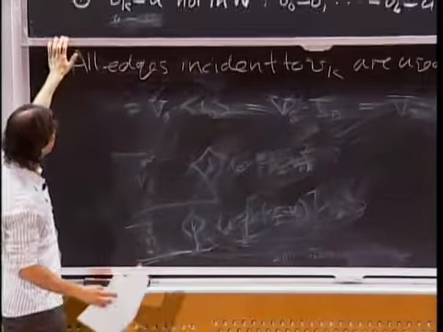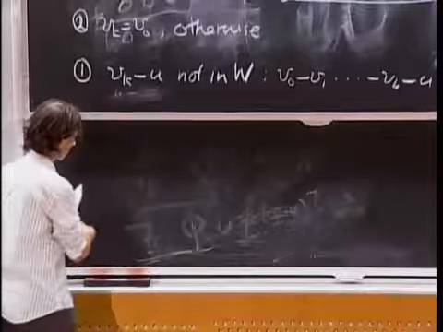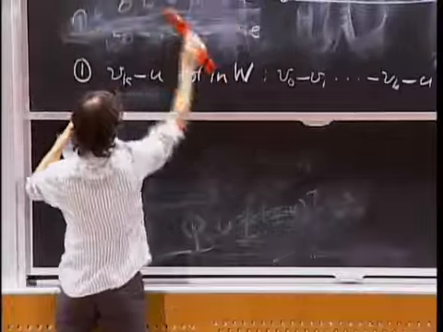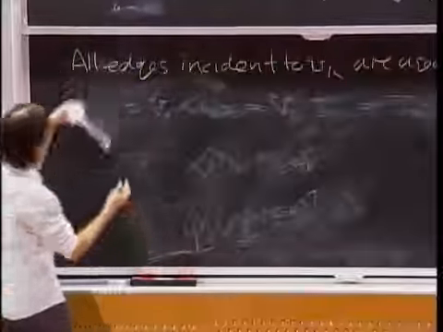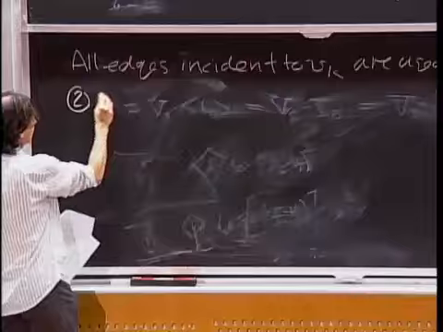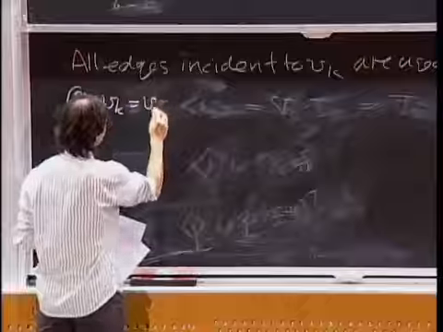So let's try to prove this statement. So let me repeat this over here. So what we want to show is that Vk equals V0.